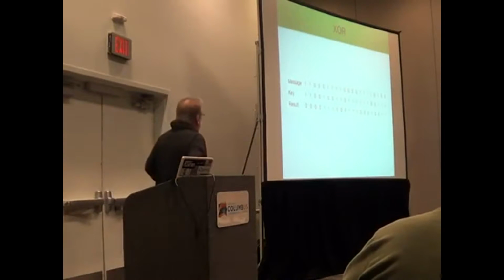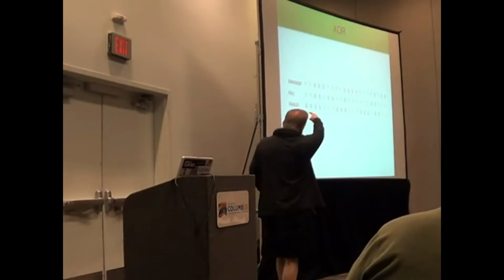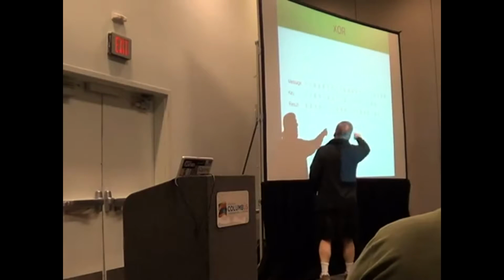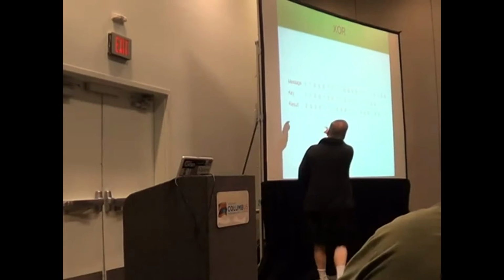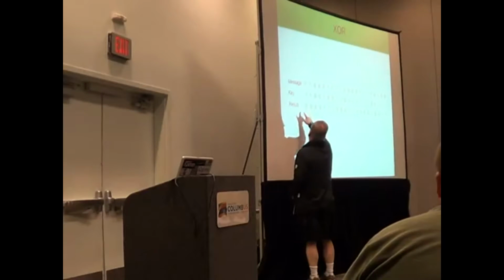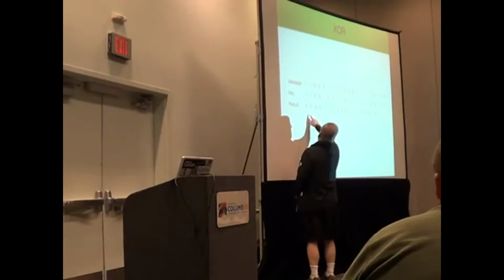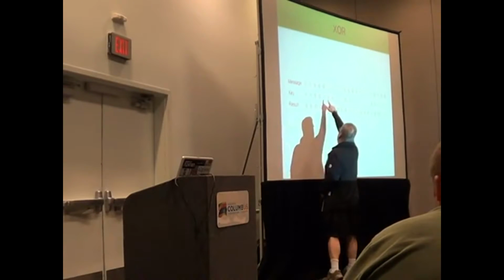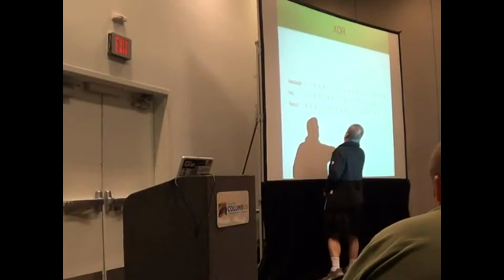So, how does XOR work? I write my message in binary, and then under it, I've got my key. And what's the result? Well, both ones, a 0. Both ones, a 0. Both zeros, a 0. And then a 0 and a 1 gives me a 1.